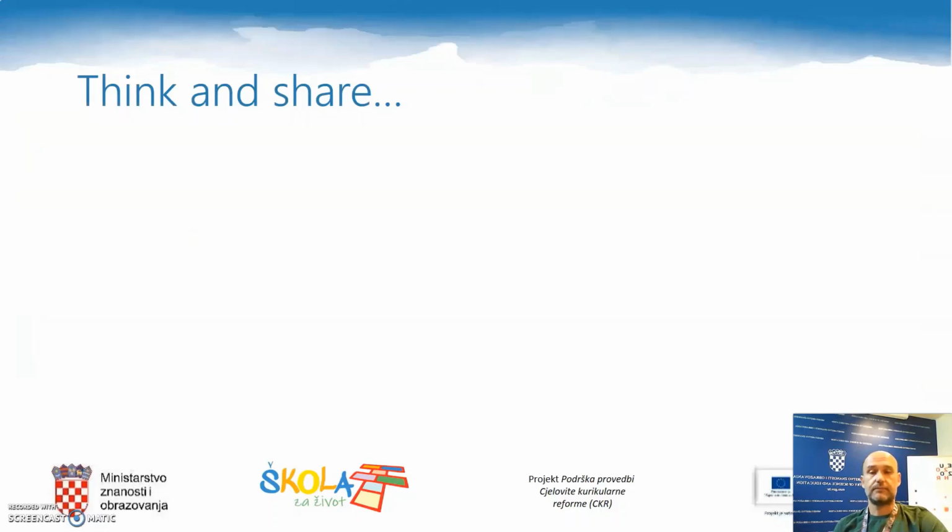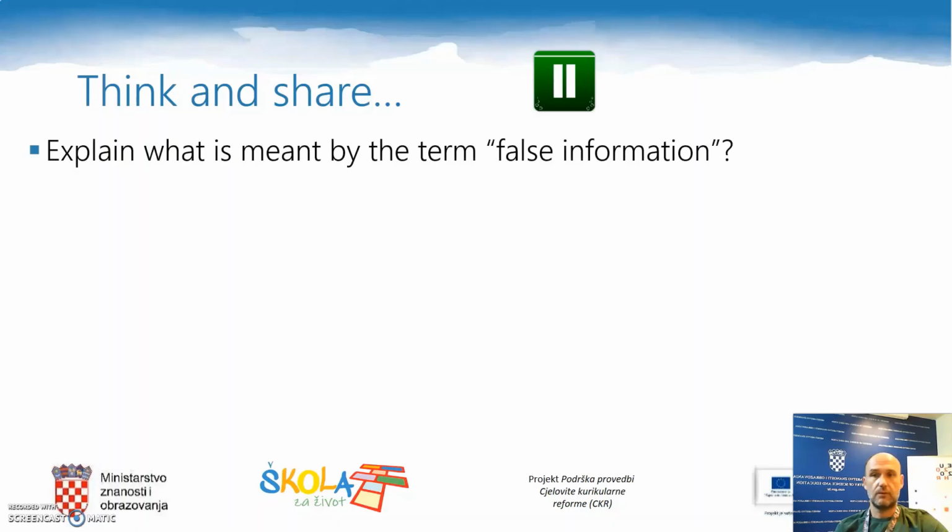Think and share. I'm going to ask you a couple of questions that I would like you to think about and share. You can pause the video after you see all the questions. Think about them. In this lesson, we'll try to check or answer these questions.